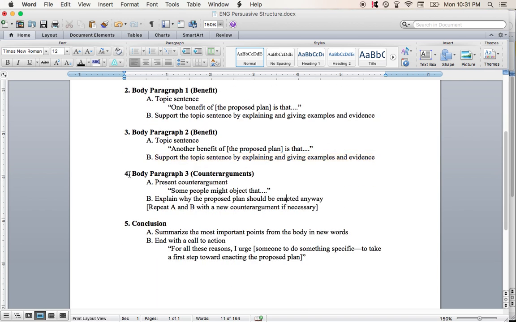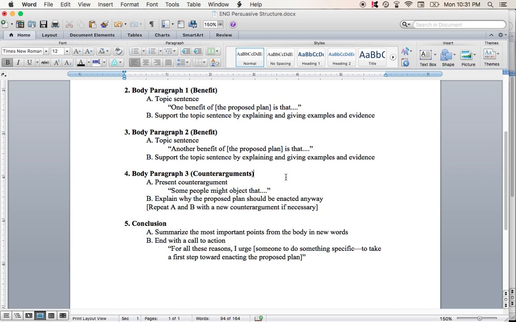Now, the third body paragraph is different than those first two. Now that you have established, like, oh, this plan would have a lot of benefits, it has some good advantages, there are some good reasons that we should enact my plan. Once you've established that, now you're going to consider possible objections, right?